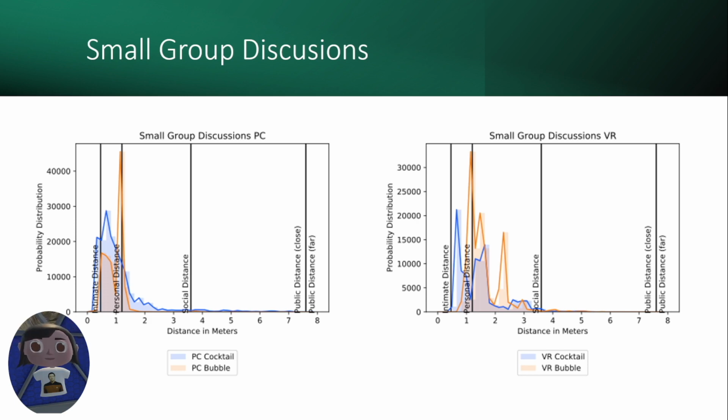In contrast, in the small group discussions in VR, we see almost no collisions in the intimate zone, a limited amount of interaction happening in the personal zone, but the majority of interaction happening in the social zone. The ability to claim personal space by gesturing in front of your body and moving your head all changed the way that people formed small groups. These interesting differences are really exposed by this quantitative analysis.